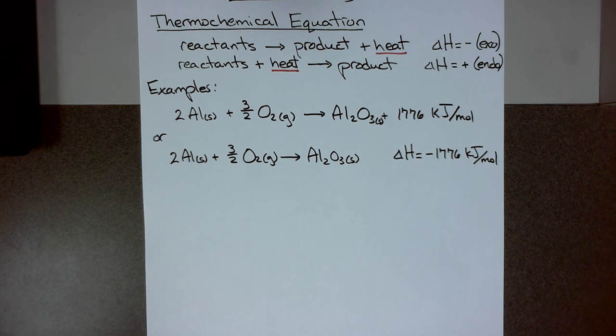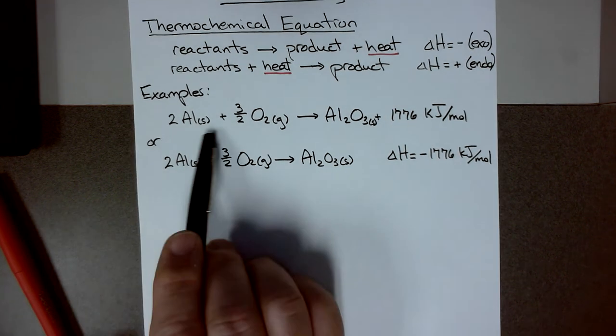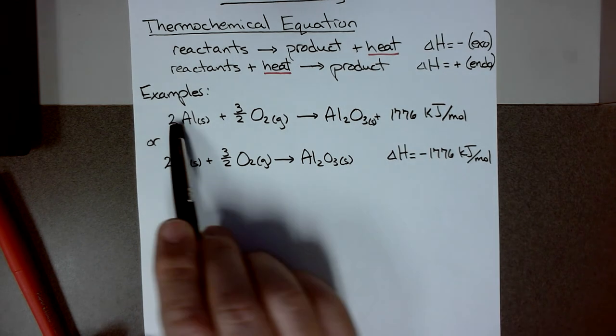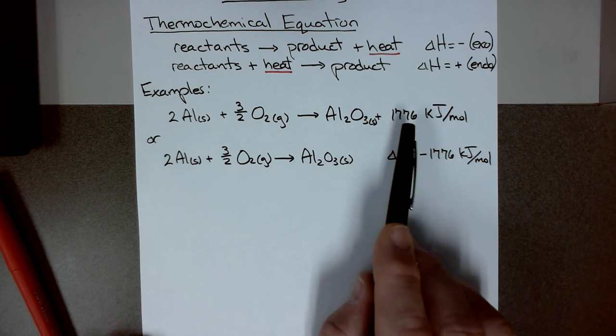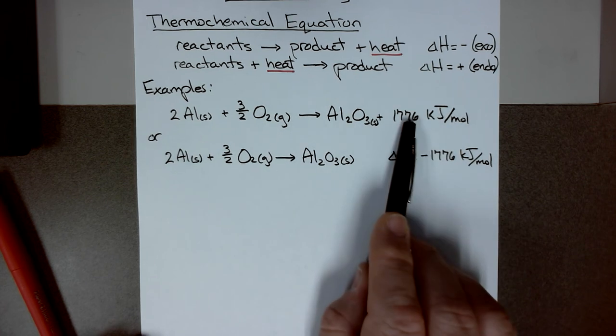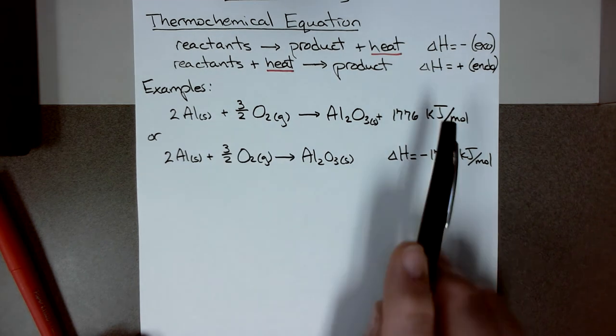So you'll notice that I can include the value as part of the equation, but we don't put the sign. It depends on which side you put it. If it's on the product side, it's exothermic. If it's on the reactant side, it's endothermic. This case is on the product side.